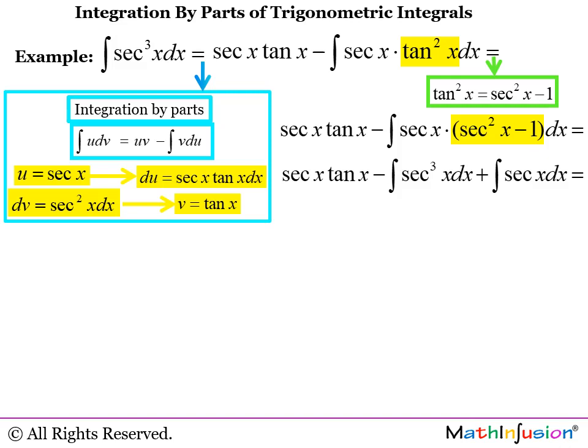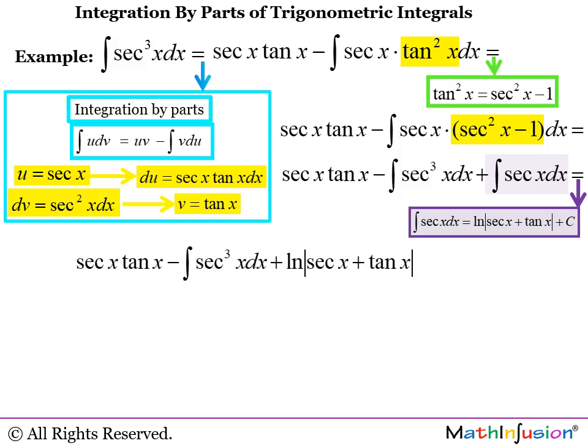I get two integrals. The first one is the original one, and then an integral of secant x dx. We just did this one, didn't we? Yes. So I know what this guy is.